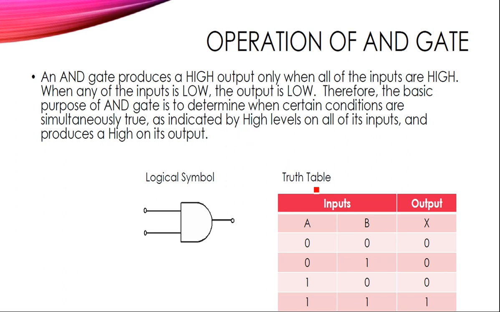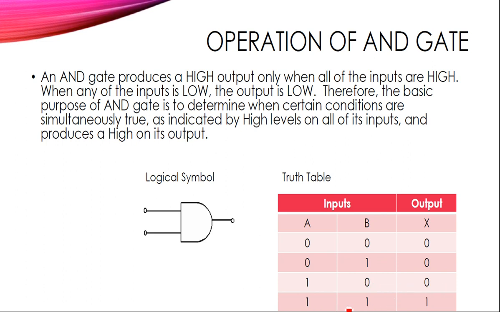You can see that in the truth table here. I consider the inputs A and B and output X. Here A is 0, B is 0, hence output X is 0. A is 0, B is 1, 0 into 1, 0. Next A is 1, B is 0, 1 into 0, output 0.